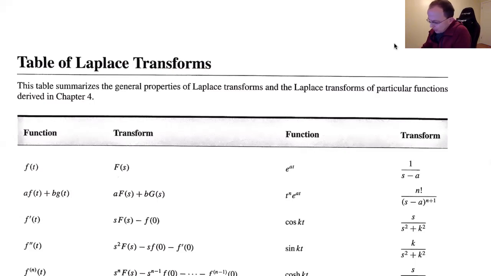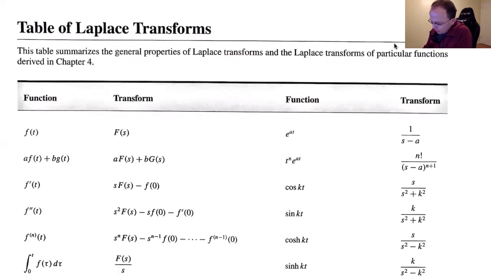So this is the table of Laplace transforms, and this is to be found at the front cover of your textbook.